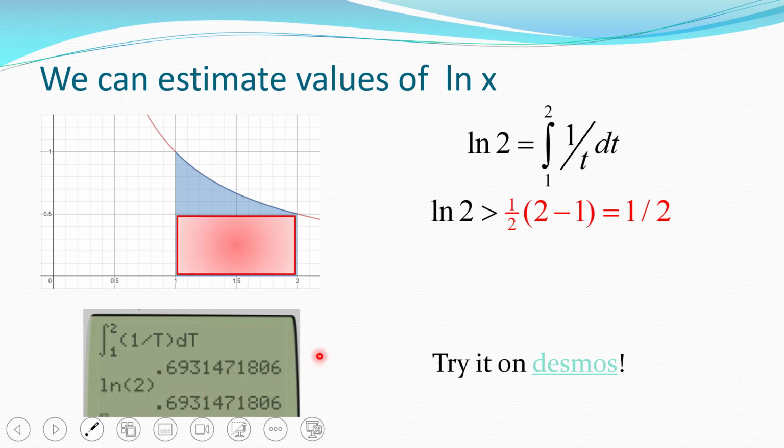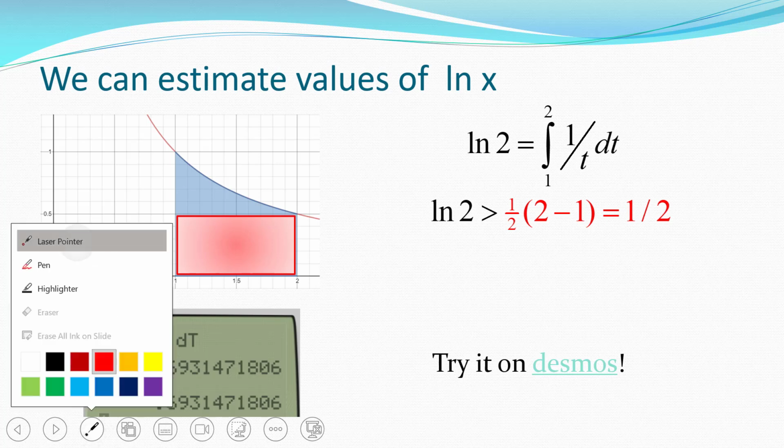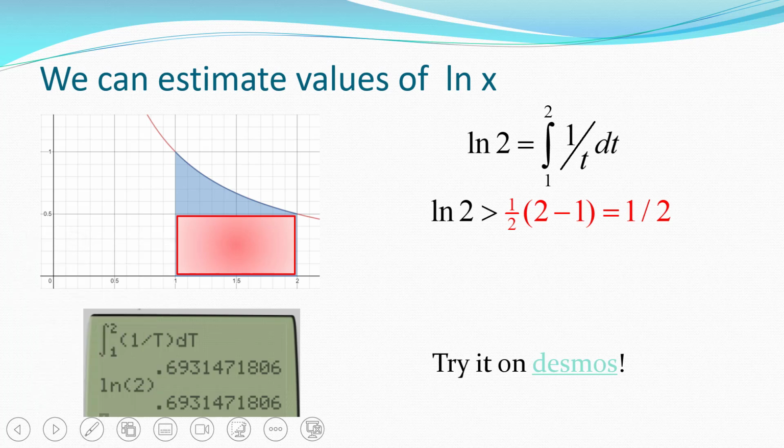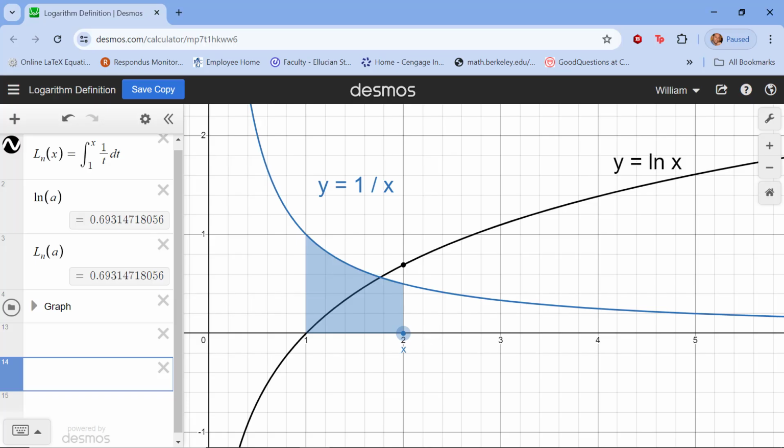It's neat. So we could then go and look at this in general, evaluate this function, the natural log of x, for various different numbers. I'll use Desmos to show you the result. So here is the function, the natural log of x, and I've also included the graph of 1 over x. As x changes, I sweep out different areas under the graph of 1 over x.